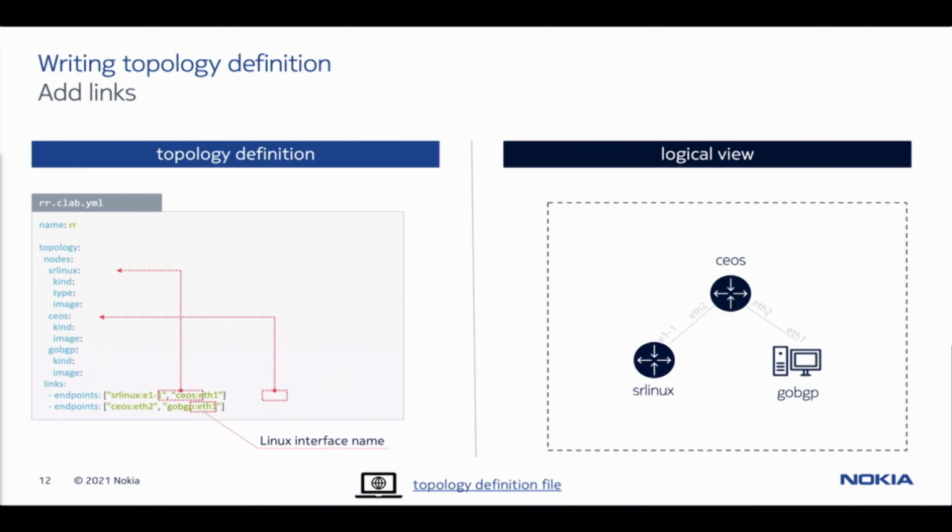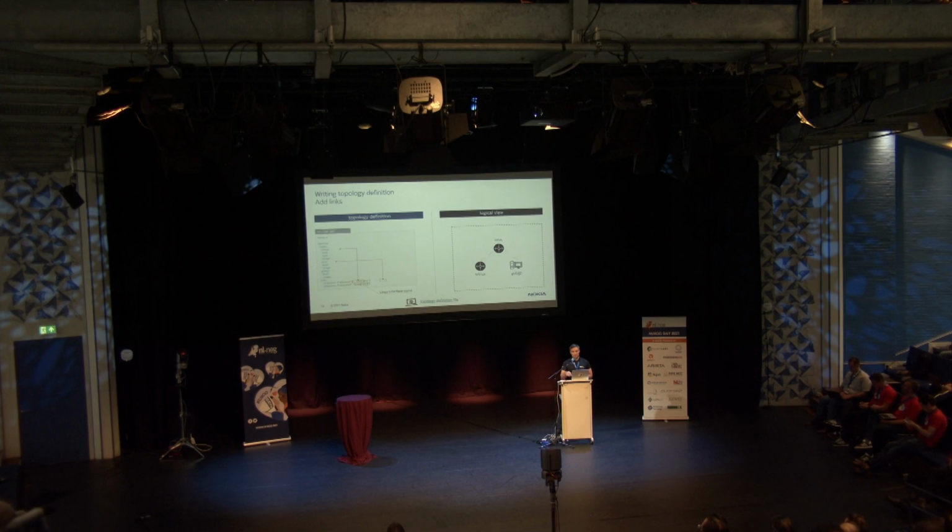You just refer to the name of the node and to the interface that this container will have. It's as simple as that. It's really no magic here. But then you will have your nodes interconnected with veth pairs between them. And veth pairs mean that you have a clean data path between the nodes. No bridges, nothing. It's as pure as it gets.